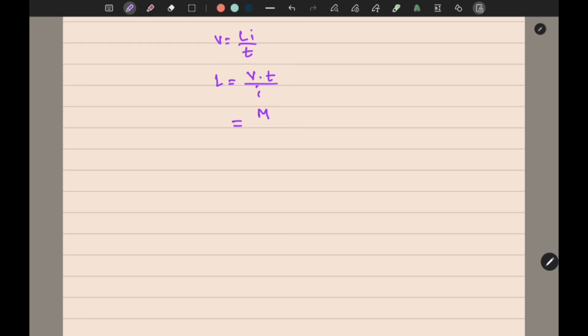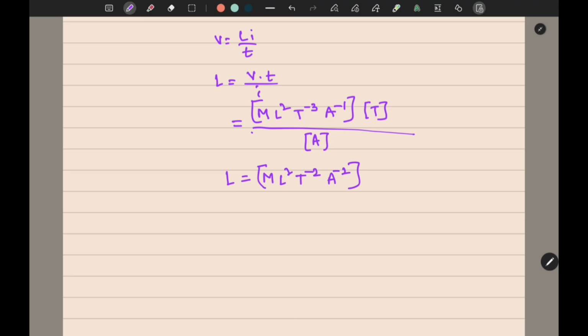We know that the voltage dimensional formula is M L square T power minus 3 A power minus 1. The time dimensional formula is T, and the current dimensional formula is A. From this, the dimensional formula of inductance is M L square T power minus 2 A power minus 2. This is the dimensional formula of inductance.